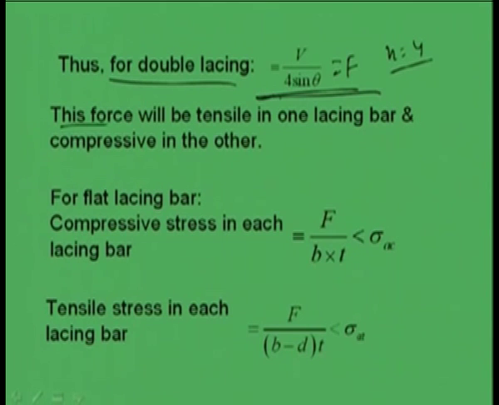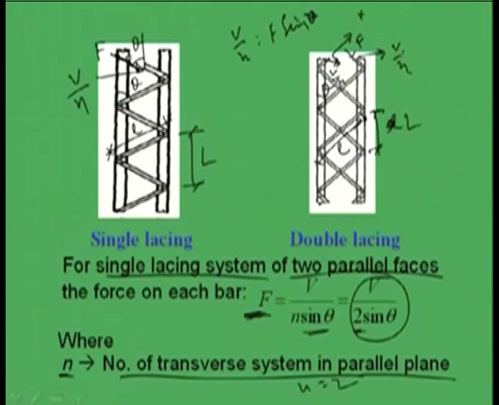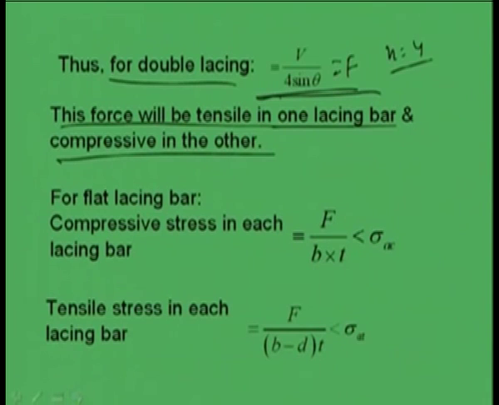So, this force will be tensile in one lacing bar and compressive in the other bar, because if in one lacing bar it is tension, then the other is in compression.